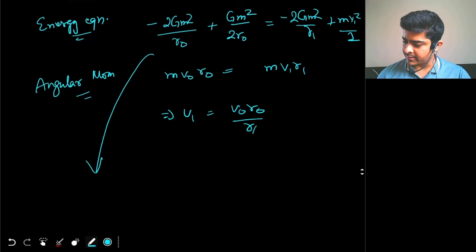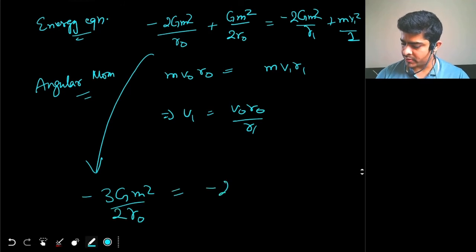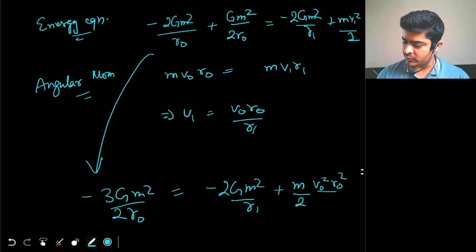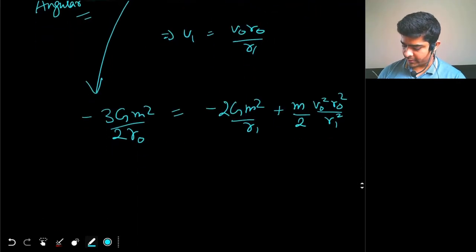Now I'm writing this equation. So minus 2 plus 1 by 2, so minus 3 GM² by 2r naught is equal to minus 2GM² by r1 plus m by 2 v1². So v1² will be v naught² r naught² by r1². Put the value of v naught over here.